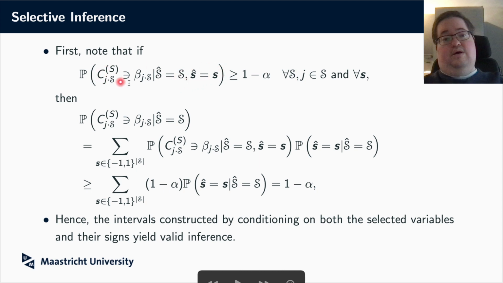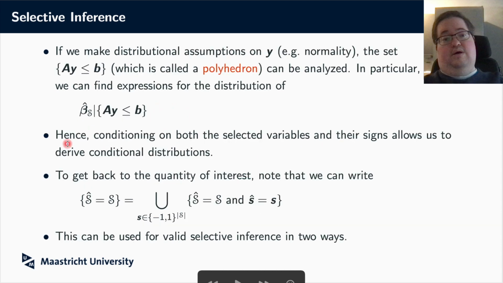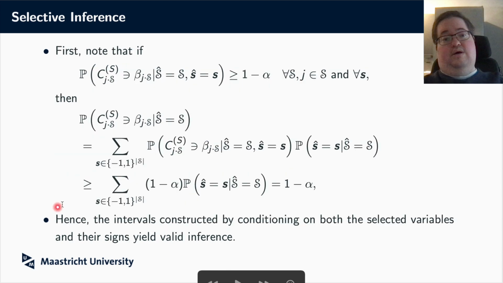And if we can then do, for instance, a confidence interval with a guaranteed 1 minus alpha coverage probability, well, then we know that the event where we don't condition on the signs but only condition on the variables can again be written simply using this relation here as the sum over all these conditional probabilities where we also condition on the signs times the probability that we actually obtain such a sign. All, of course, conditional on the set of selected variables.